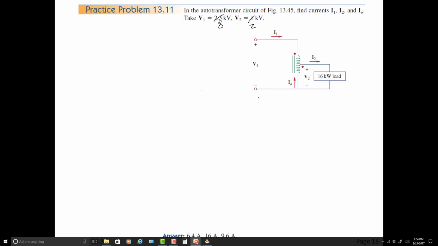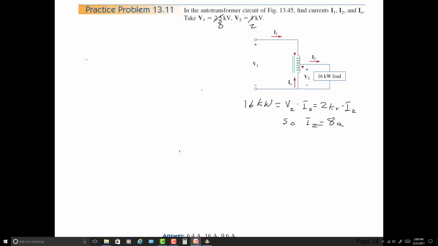kilowatts, the power of the load, the 16 kilowatts, is equal to V2 times I2. And we know V2 is 2 kilovolts. So I2 is going to be equal to 8 amps.